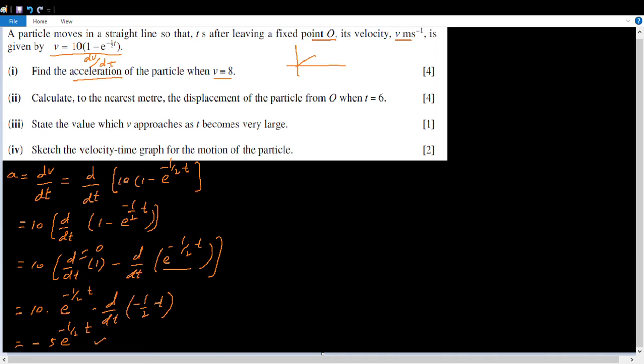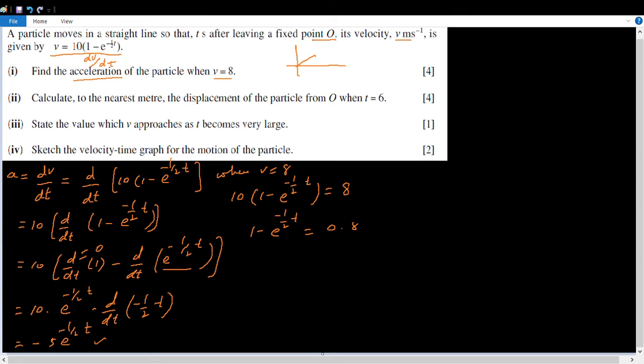Now let's find the value of t when v is equal to 8. So when v is equal to 8, we will have 10 into 1 minus e power minus 1 over 2t is equal to 8. This 10 will move to the other side, so 1 minus e power minus 1 over 2t equals 0.8.